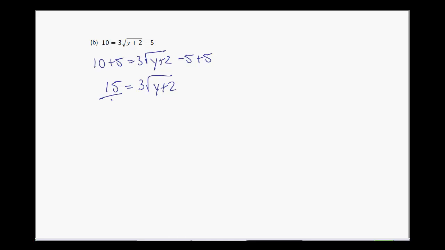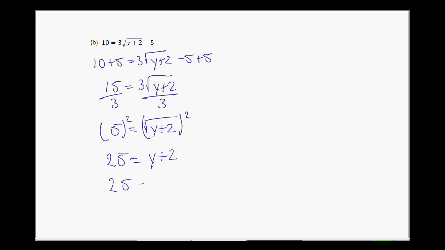Now we need to get rid of the 3 by dividing both sides, and we're left with 5 equals square root y plus 2. Now we need to square both sides, and we're left with 25 equals y plus 2. But we're looking for the solution to y, so we subtract 2 from both sides of the equation, and we're left with 23 equals y.